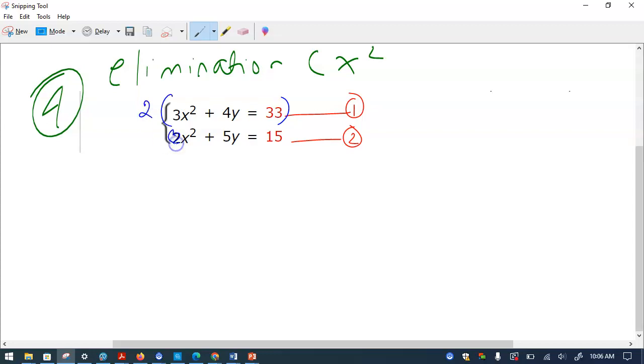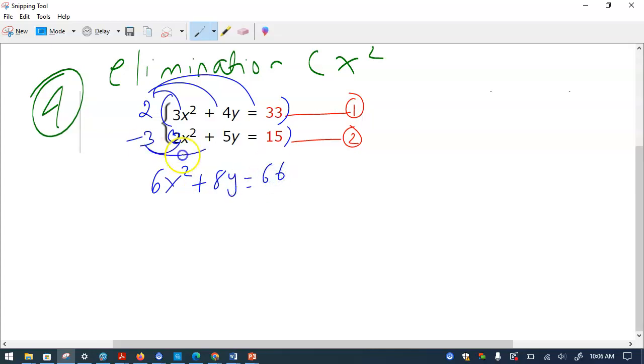So multiply the second by 3, and not only 3 but minus 3. The reason is because when you multiply this 2 to the top, you get 6x squared plus 8y and 66. But when you multiply this one, you get minus 6x squared minus 15y and minus 45.